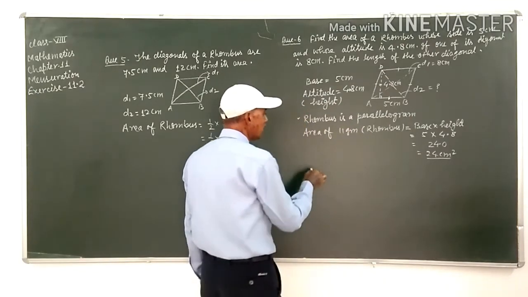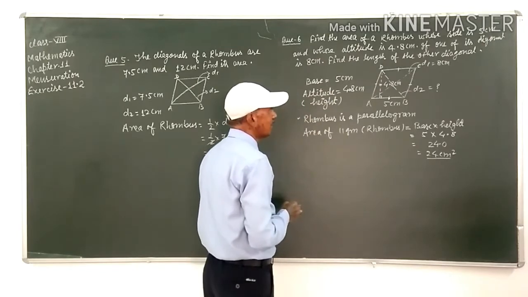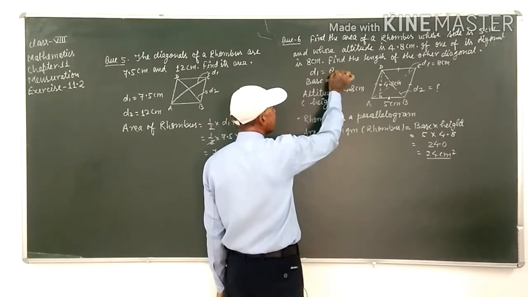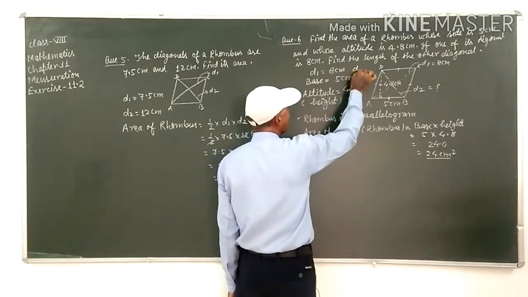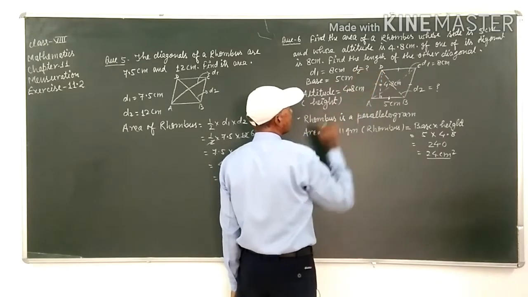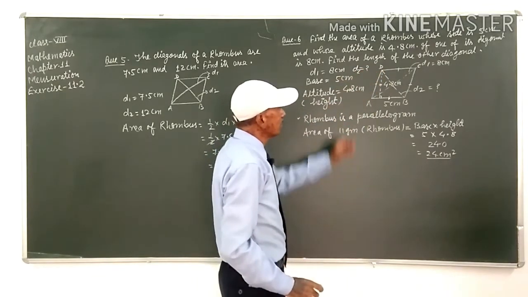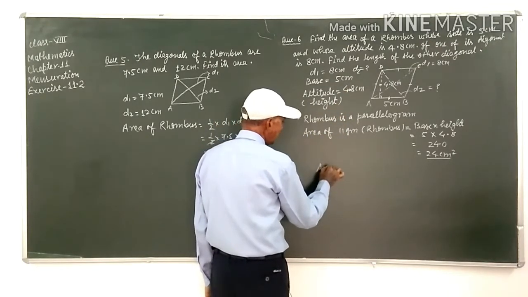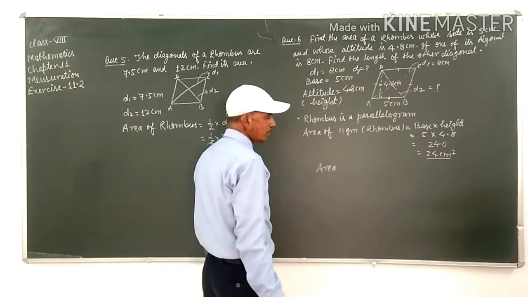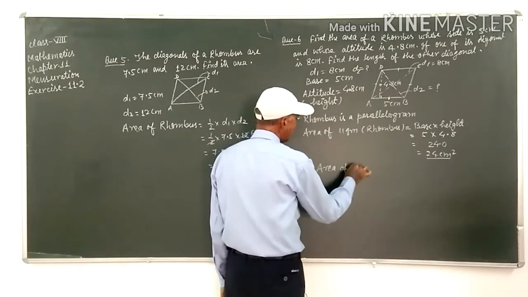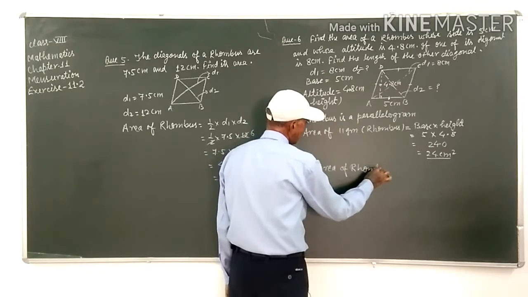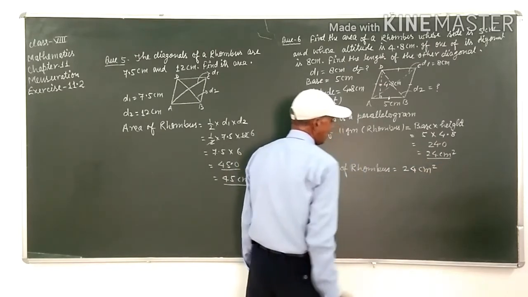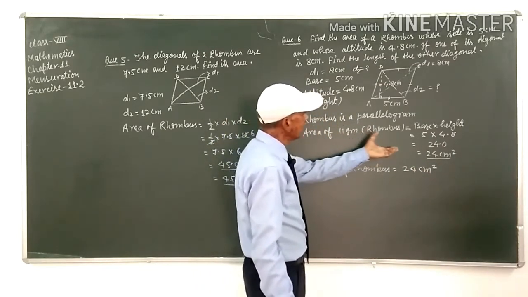Clear student? Now one of its diagonal is given. Diagonal 1, D1 is equal to 8 centimeter and we have to find out D2, the second diagonal. So area of rhombus is equal to 24 centimeter square, from the first calculation.